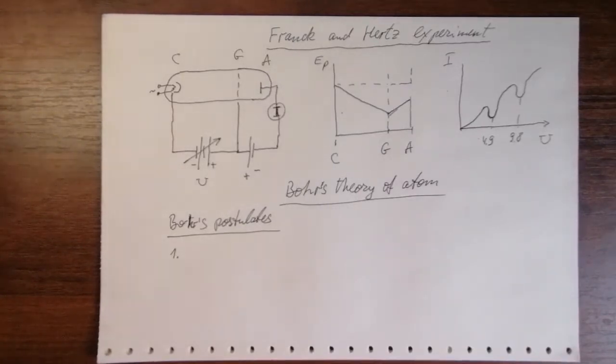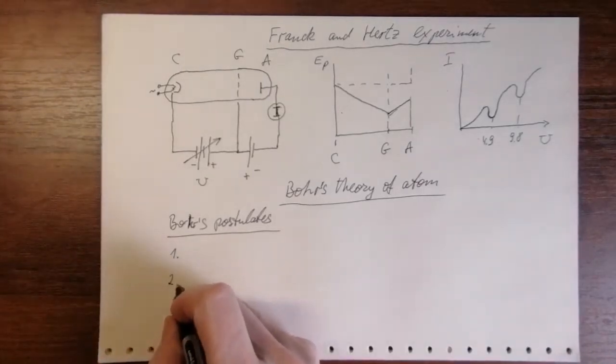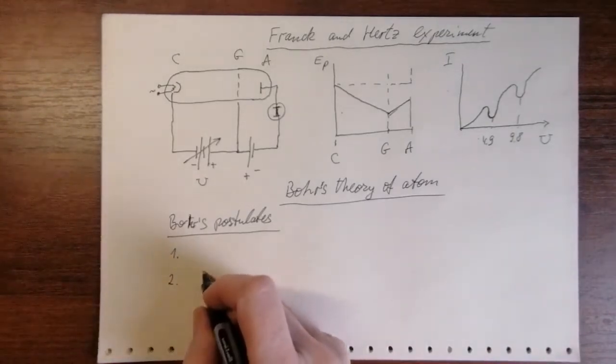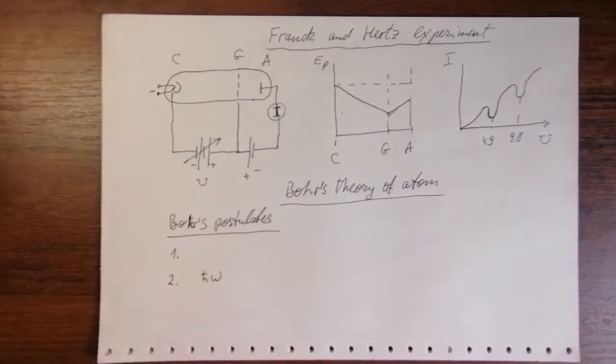And the second postulate stated that radiation is emitted or absorbed in the form of a quantum of light energy, h omega, as we know, when an electron transfers from one stationary stable state to another, so from one orbit to another. And the magnitude of the light quantum equals the difference between the energies of the stationary states between which the quantum jump of the electron is performed.